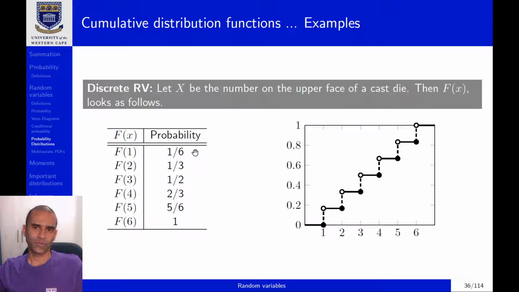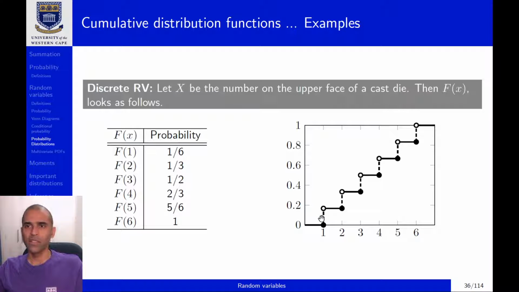So F of 1 is 1 over 6, F of 2 equals F of 1 plus the probability of observing the 2, which is 1 over 6, therefore we get 1 over 3, etc., etc., until the highest possible value that we can observe for x, which is 6. This would then equal probability 1.